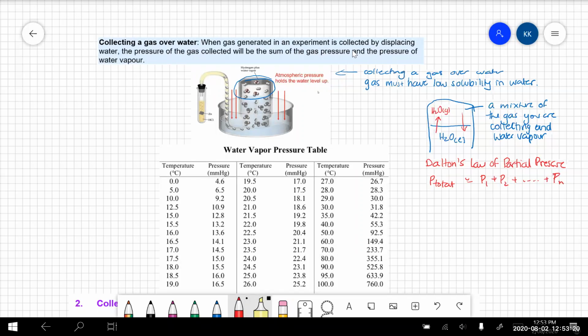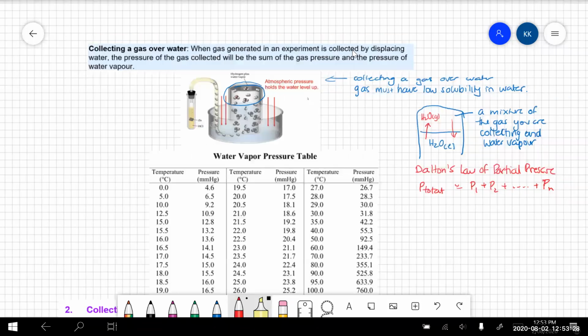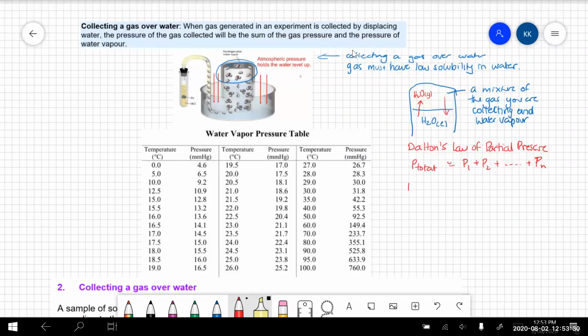So in your case, if you're collecting a gas over water, there are only two gases, water vapor and your gas. So your total pressure is going to be equal to the pressure of the gas you're collecting plus the pressure of water vapor.